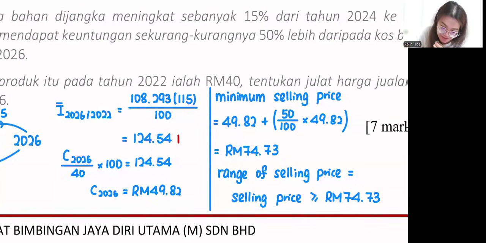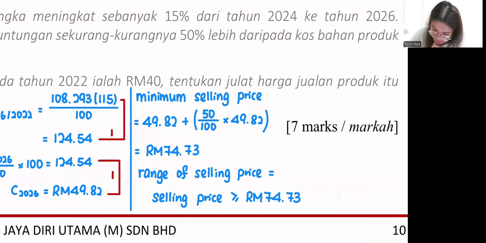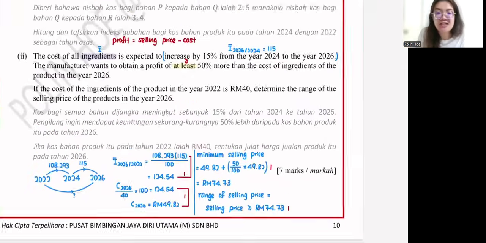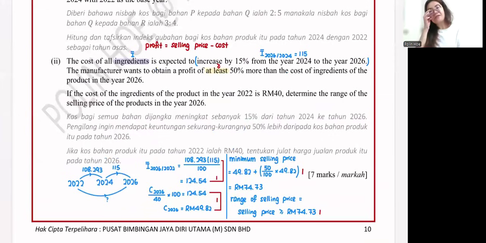Of course, it's both 啦，别想太多了。4 marks plus part A, 3 marks. So total 7 marks.